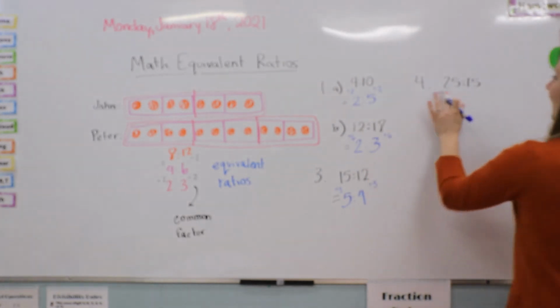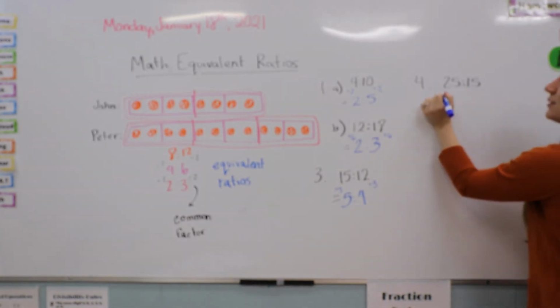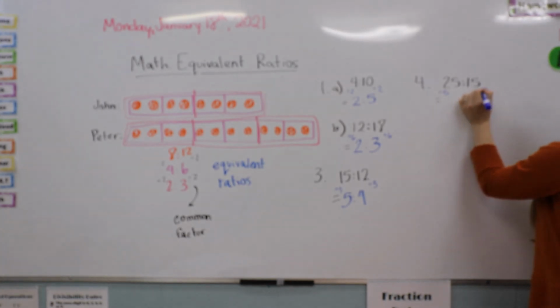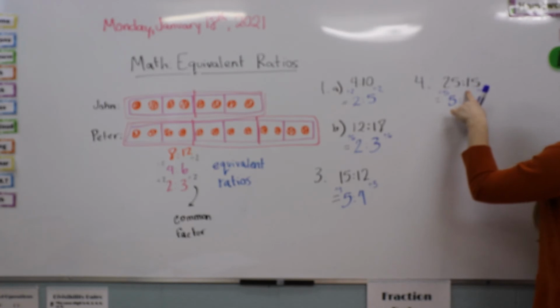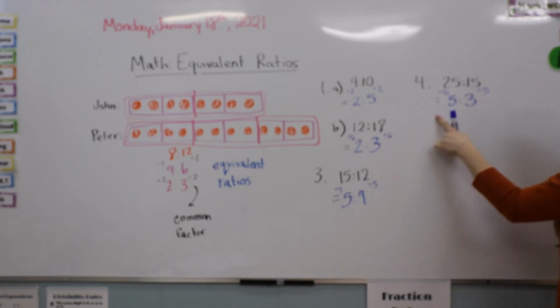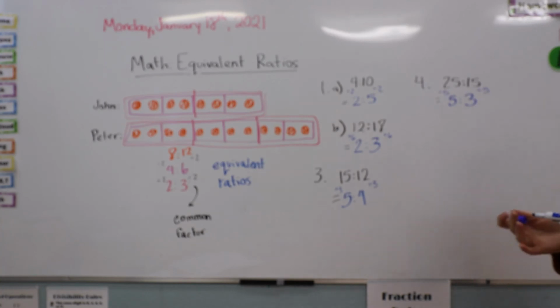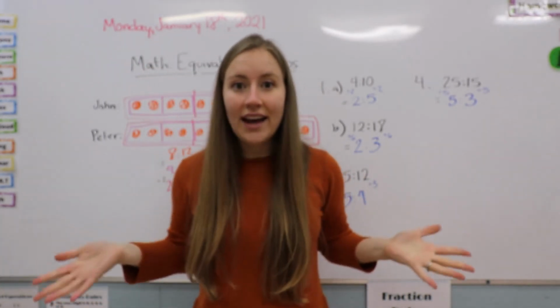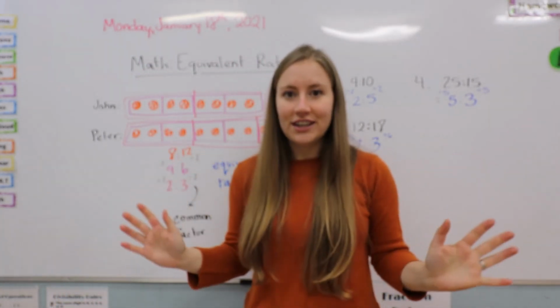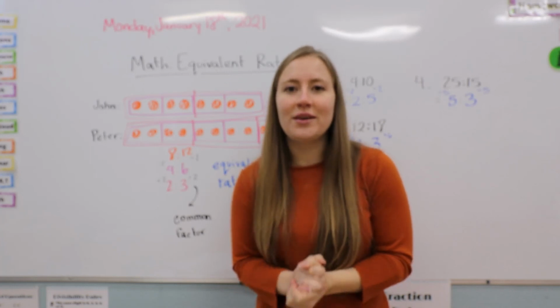I know that I can divide both of these by 5, so I'm going to start there. 25 divided by 5 is 5, and 15 divided by 5 is 3. So the ratio of the number of boys to the number of girls is 5 to 3. All right, so that is how equivalent ratios work and how you are going to be simplifying them.